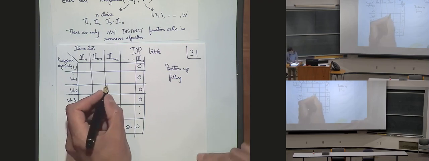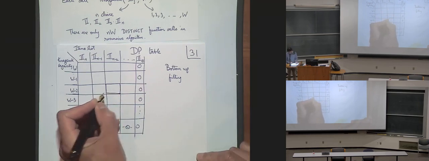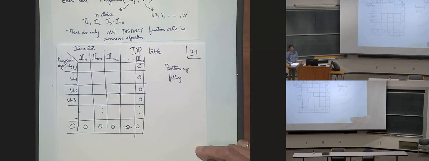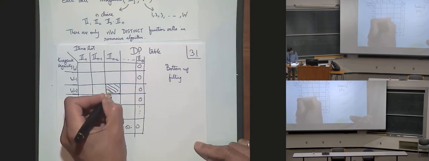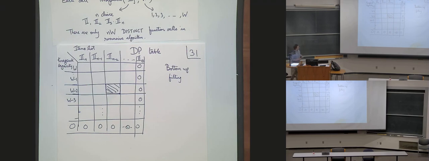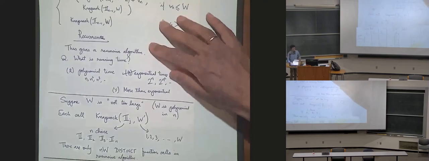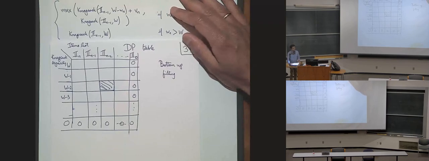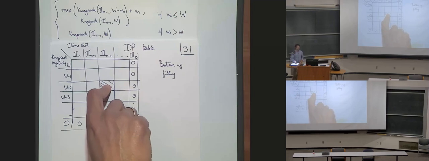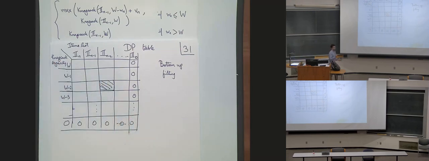Suppose you want to find out what goes here. How many cells of the table do you need to look at? Put the recurrence again in front of you. 2, right? And where do those 2 entries lie? To the right and below, right?